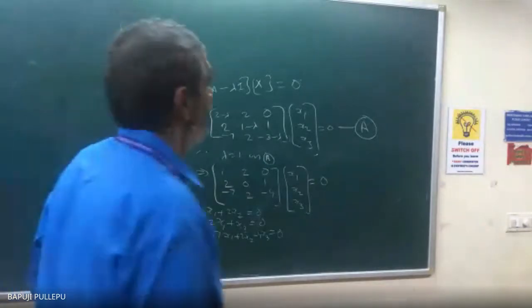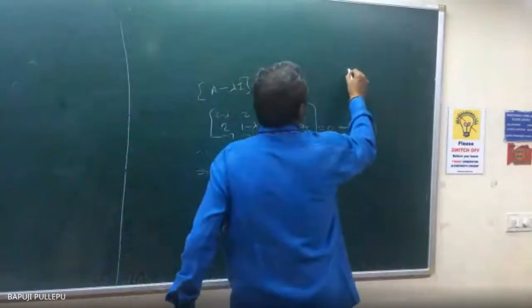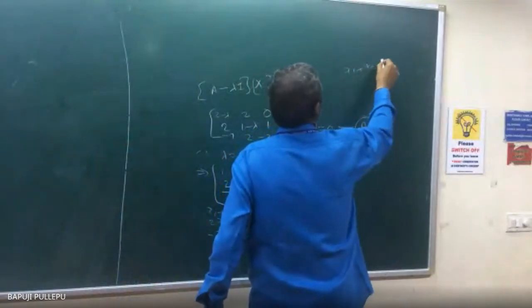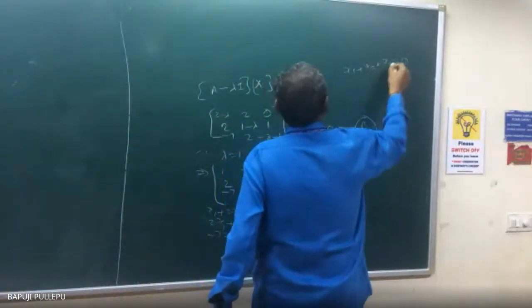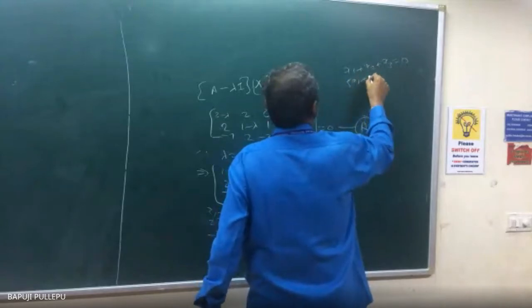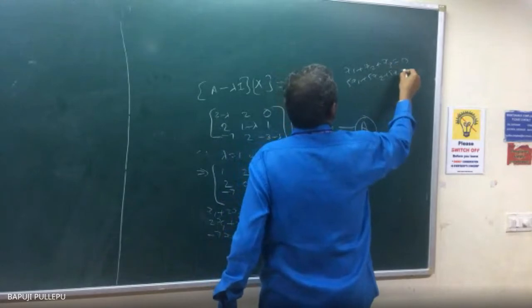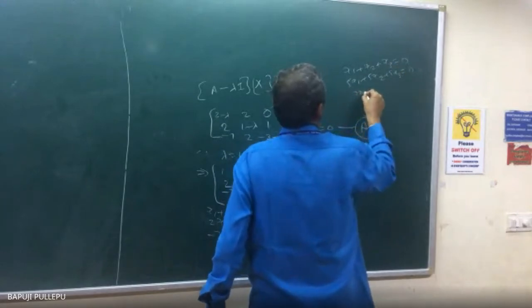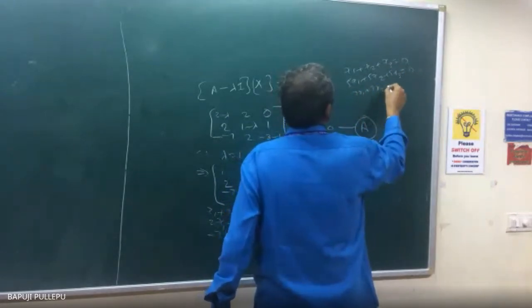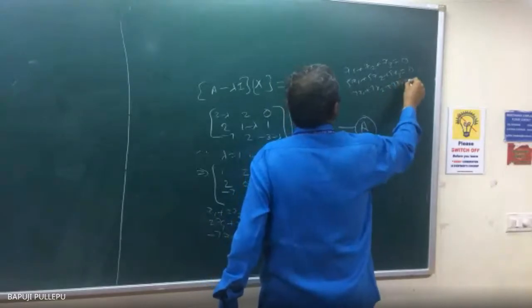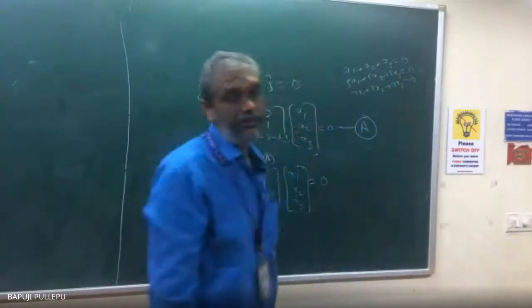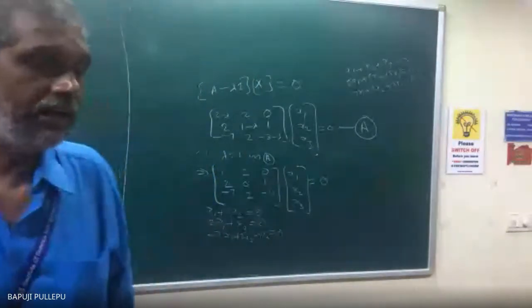Sometimes you may get something like this: it may appear to be three equations, but actually they are not three equations.